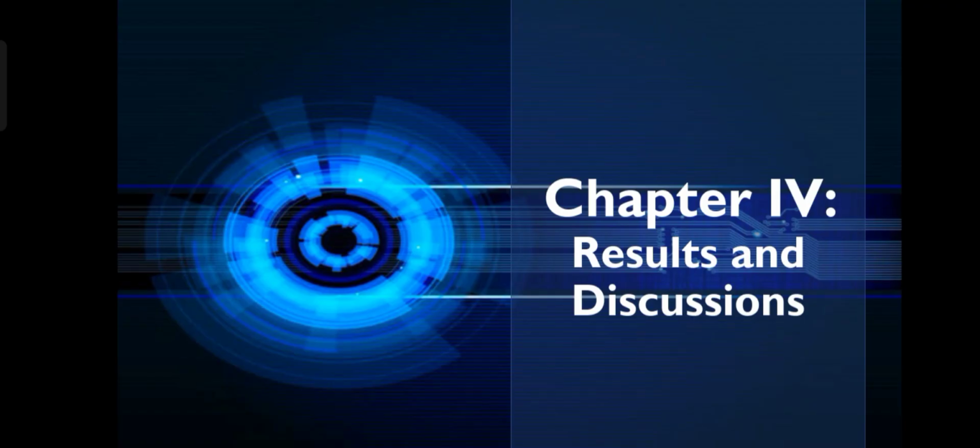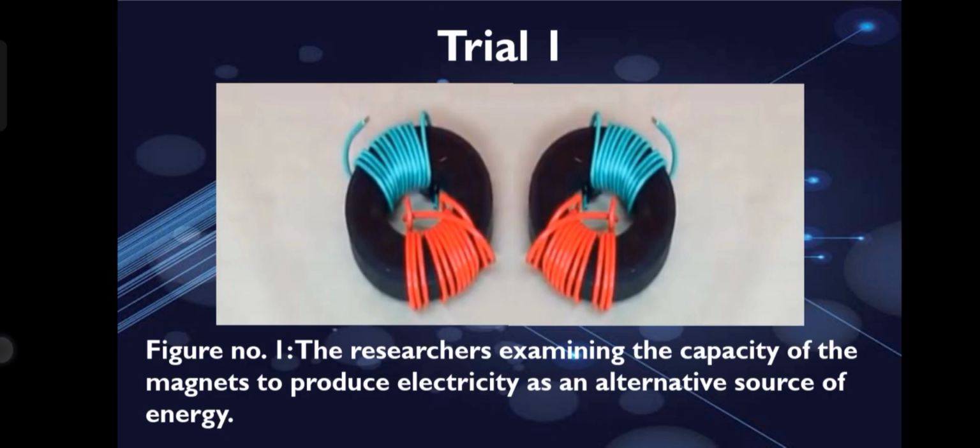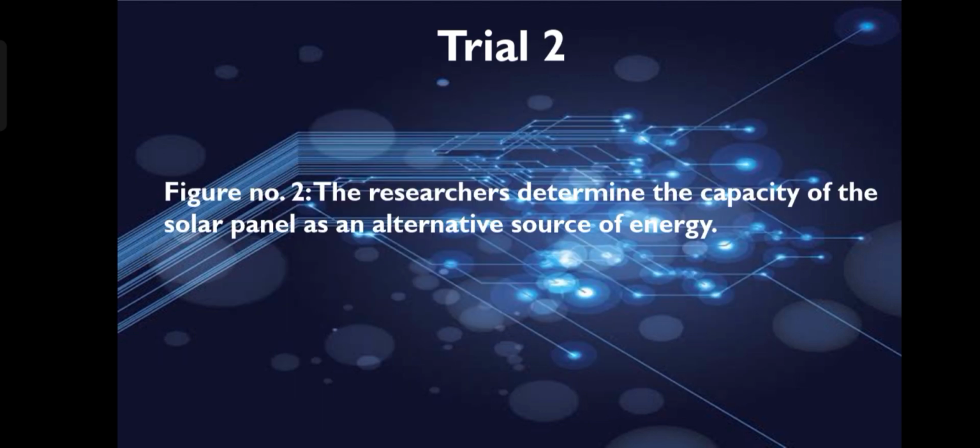So chapter 4 is the result of this research. In trial 1, figure number 1, as you can see, the research examined the capacity of the magnet to produce electricity as an alternative source of energy. In figure 2, the research determined the capacity of the solar panel as an alternative source of energy.